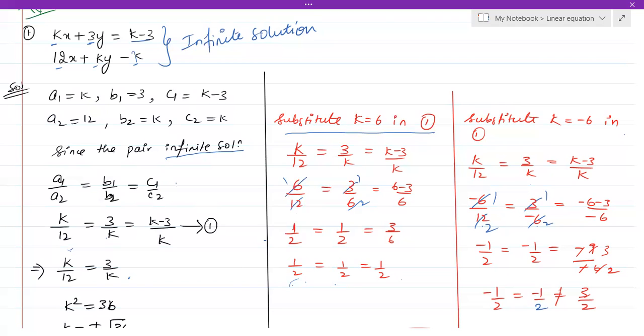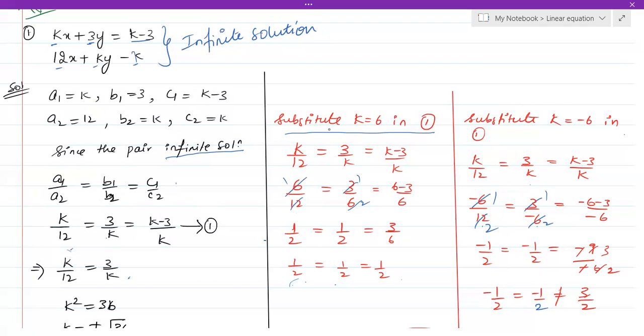Okay, students. So far we have seen what is a solution, what type of solutions for a pair of linear equations we get, and the conditions for solvability. Now we are going to start with the very important concept of this chapter, that is finding the solution. So far we were discussing what type of solution we get. Now let's understand how to find the solution.